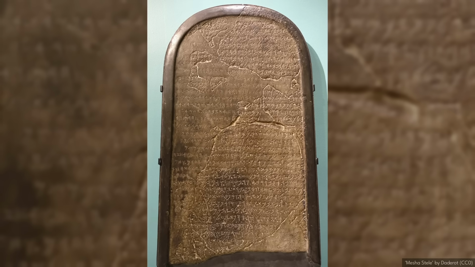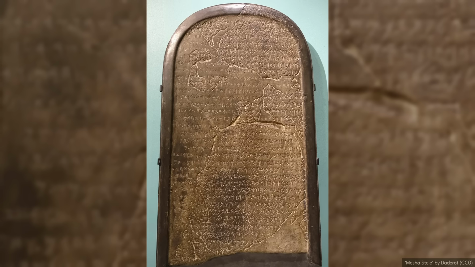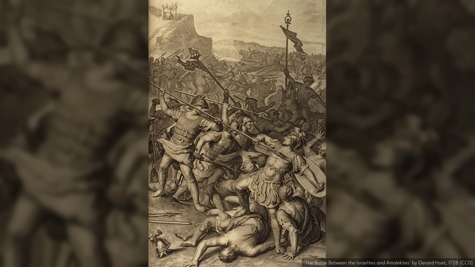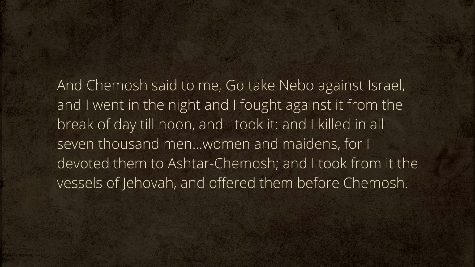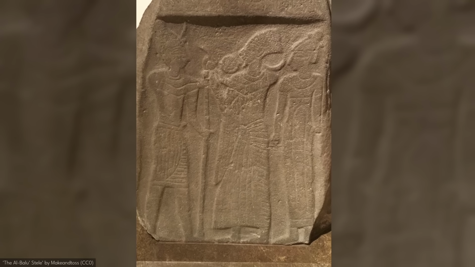Are there stories of Elohim from Moses' period outside of the Bible? Is there any record of it? Yes. For example, there is the stele of Mesha, king of the Moabites, who tells us about a battle between Moabites and Israelites, and he says that he won against those of Yahweh, and he offered the prisoners to his Elohim named Kamosh.